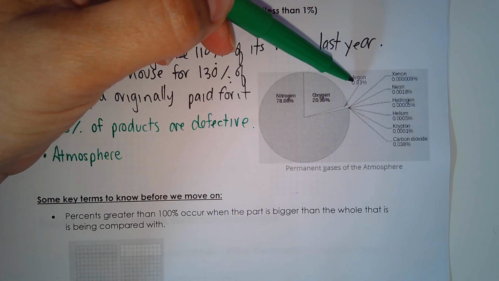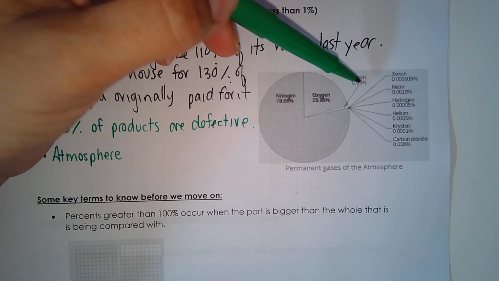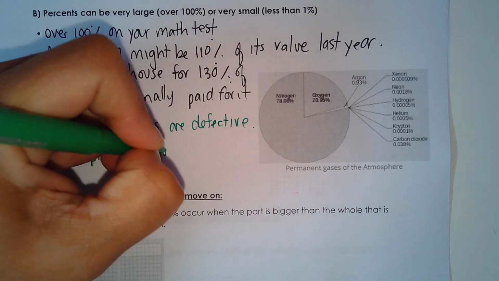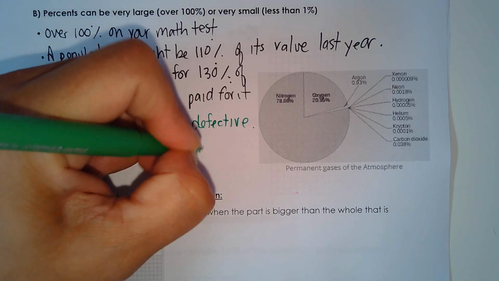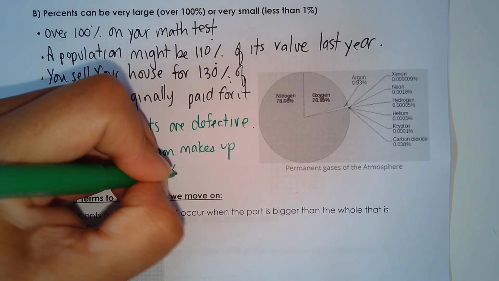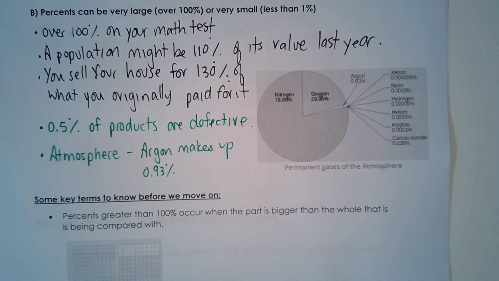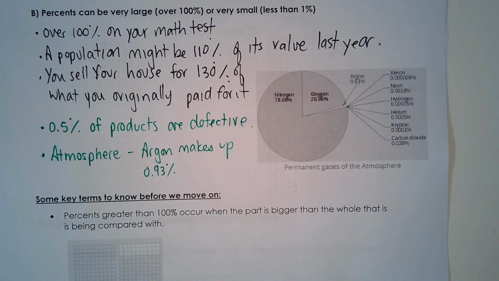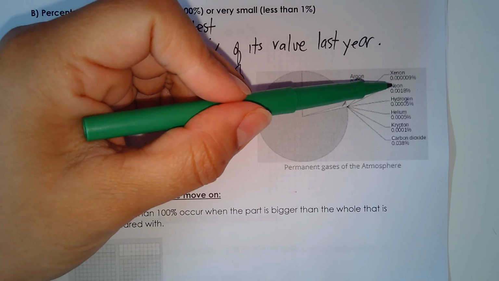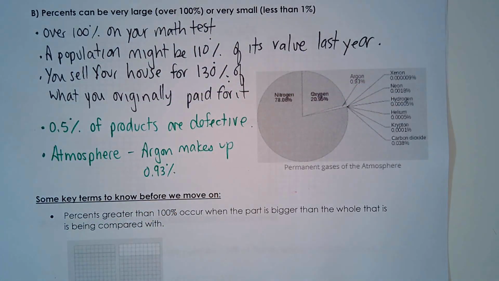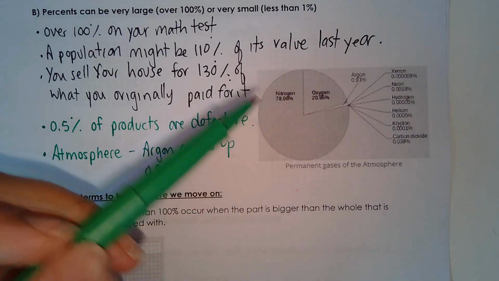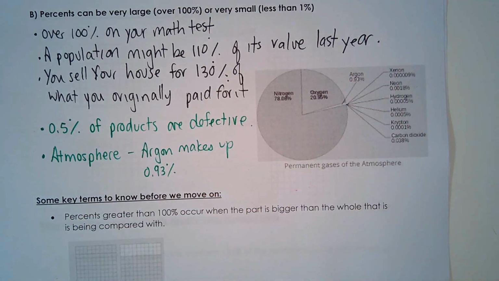So argon makes up 0.93%. So argon is an example, it makes up less than 1% of the atmosphere. And then we have some other gases as well, xenon, neon, hydrogen, helium, etc. So some examples of some very large, some very small percentages.